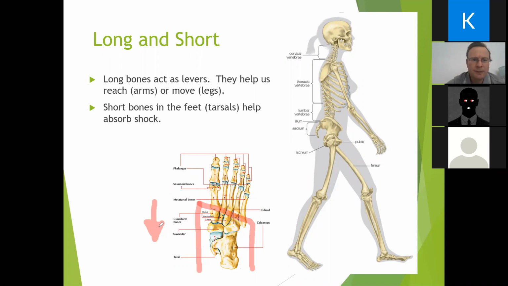So long bones act as levers. They help us reach or move, and short bones in the feet, i.e. the tarsals, help us absorb shock. And we have other short bones in our wrist, which create a stable base to allow our grasping hands. Okay, let me just clear that off.